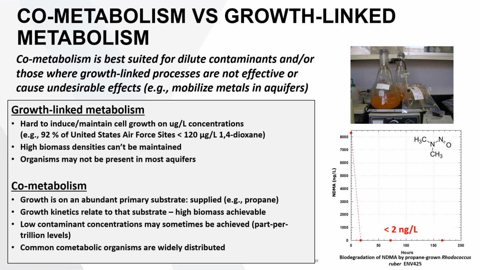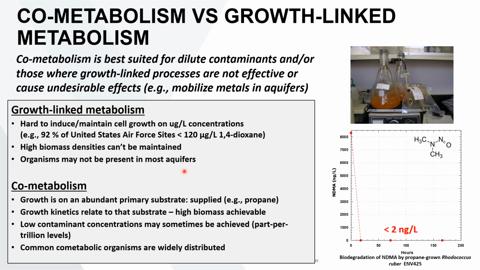Okay, then, what are some of the advantages of co-metabolism, or when can it be best applied? In my mind, one of the best applications of this approach is when you have very dilute contaminants or dilute plumes of different types of constituents. With growth-linked metabolism, when you have dilute contaminants and the organisms have to grow on them, it's very hard to induce cell growth and increase biomass.